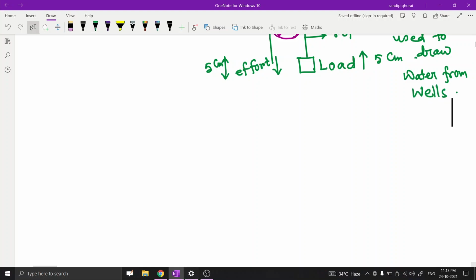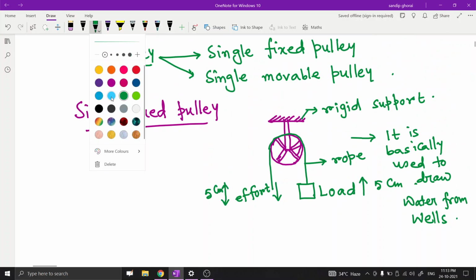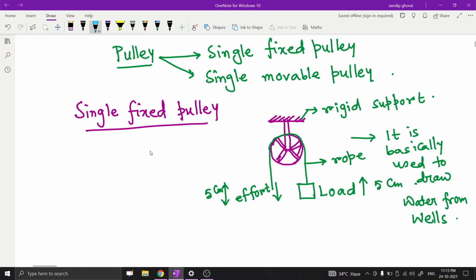The important point in this case is that the axis of rotation is fixed. If we take O as the point through which we draw the axis of rotation, this point is fixed for a single fixed pulley.